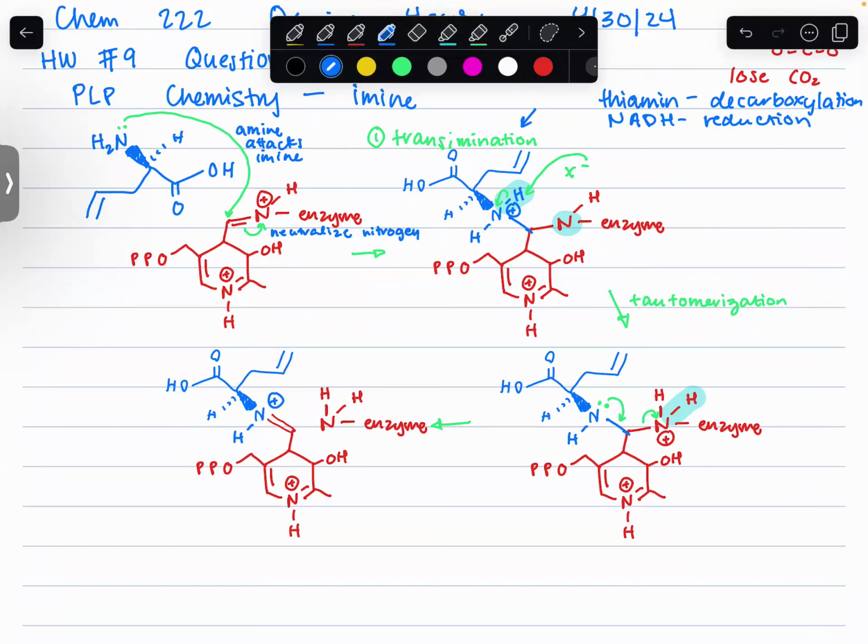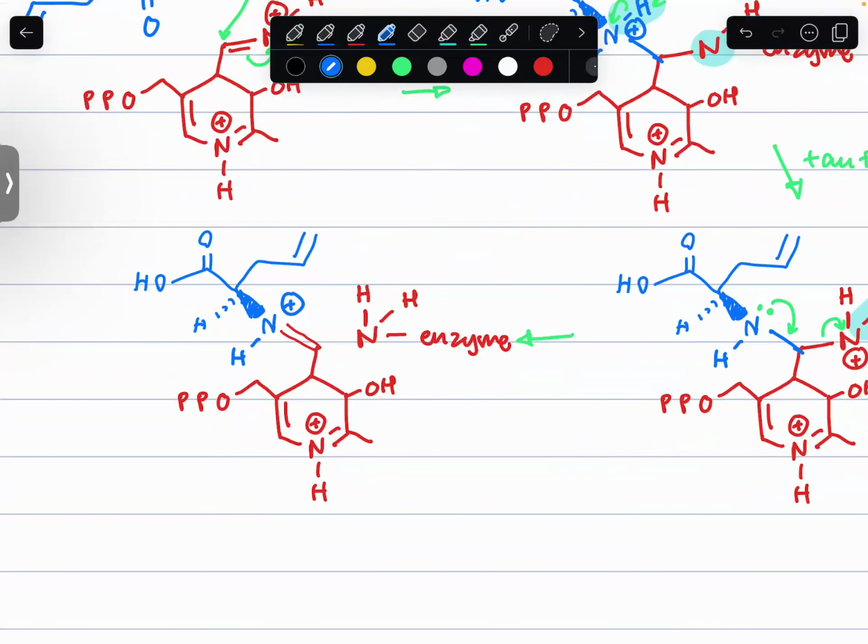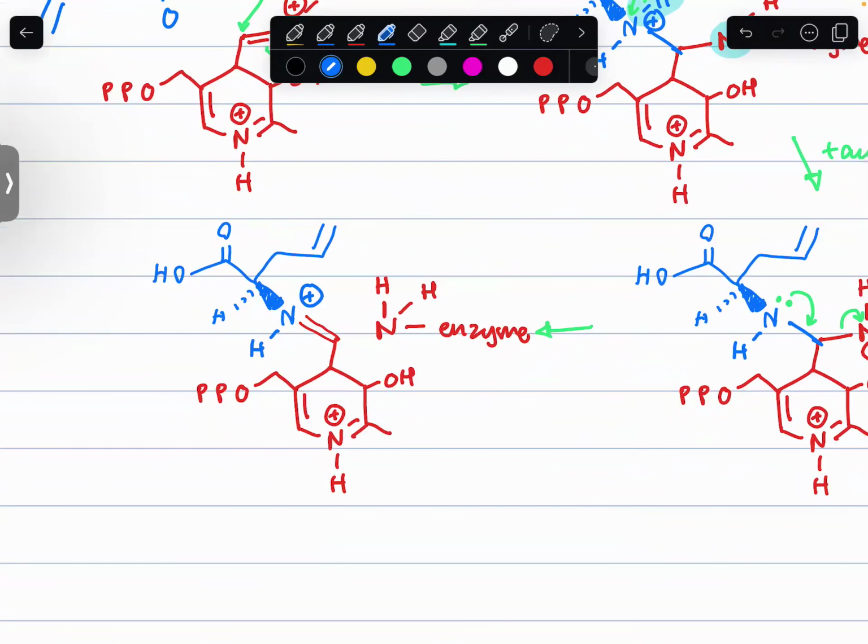So now we can actually do the amino acid modification. And we use PLP to help stabilize a carbon anion. So we're going to form our carbon anion. So that means taking an acid and deprotonating.